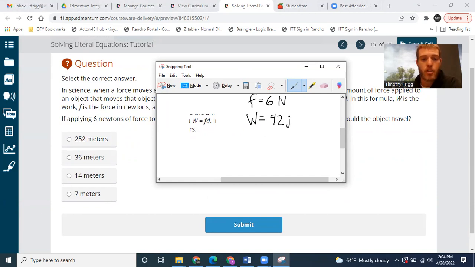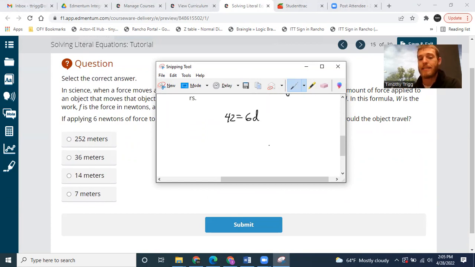So how much distance is that? What we need to do is replace W with 42 and F with 6. So that gives us 42 equals, again, replacing the W with 42 and the F with 6, 6D.